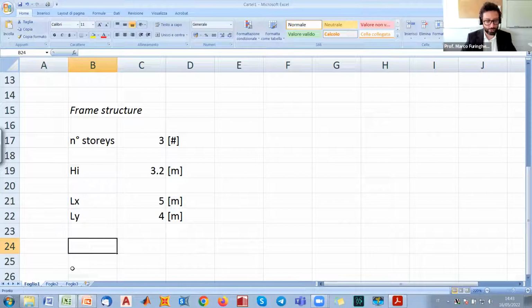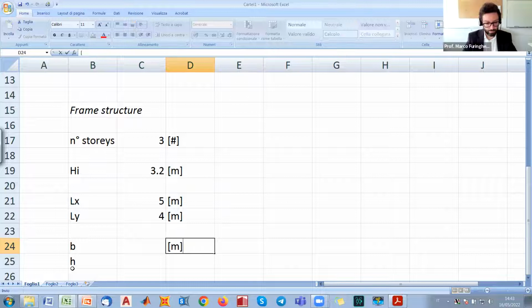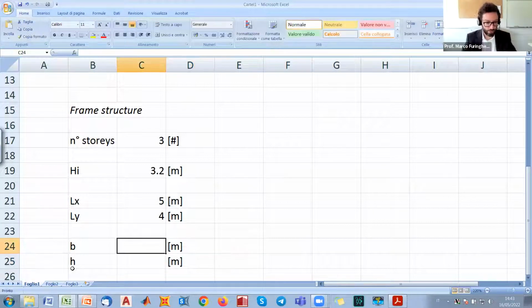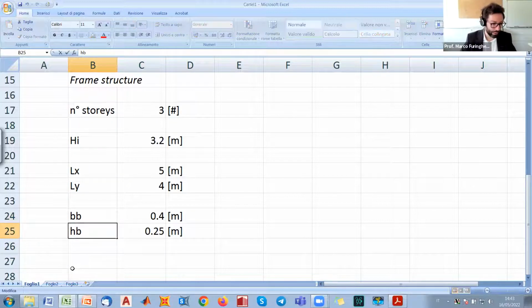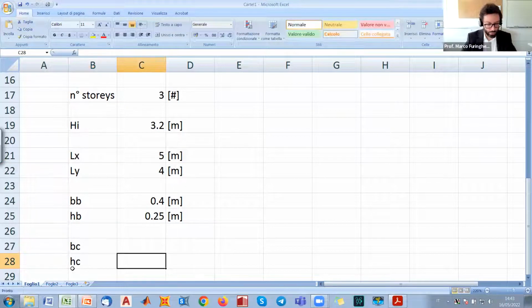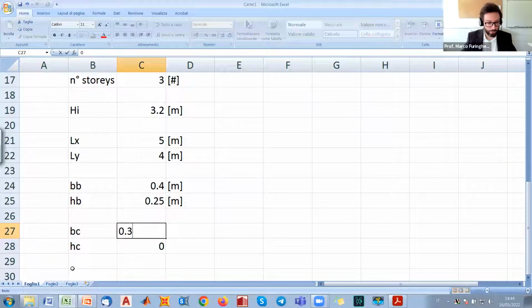Generally we have beams with equal section, so let's consider B and H for the beam: 0.4 and 0.25. Let's call it BB and HB, for beams. And then we have the same for the columns, BC and HC, but they are equal, 0.3 meters.